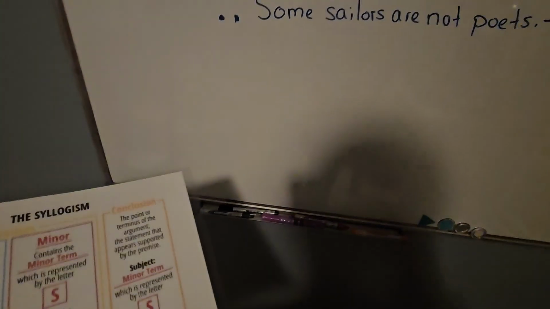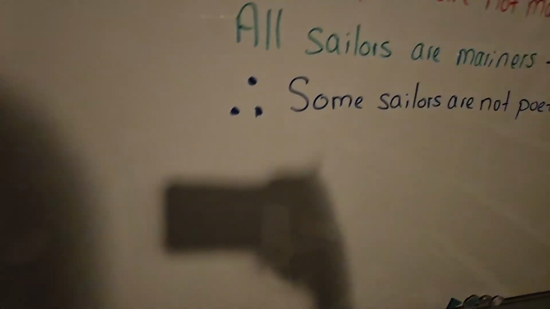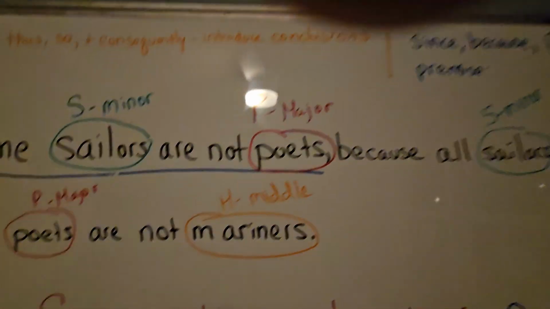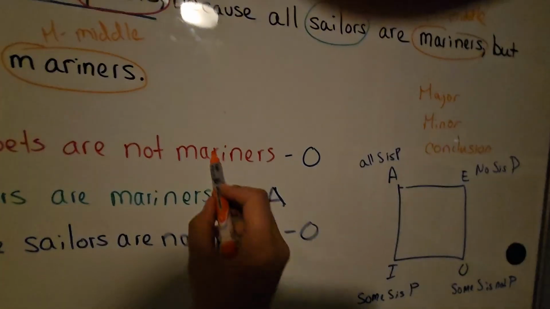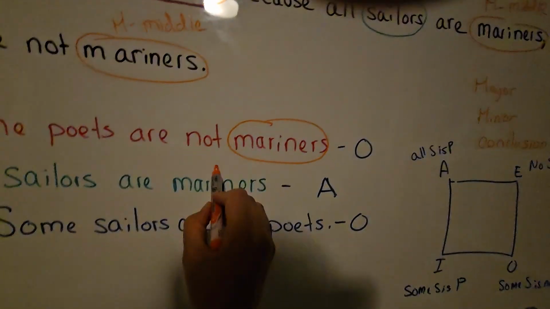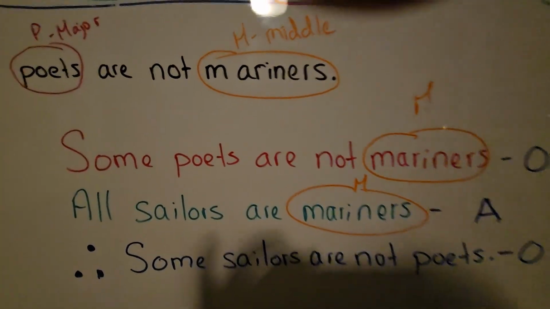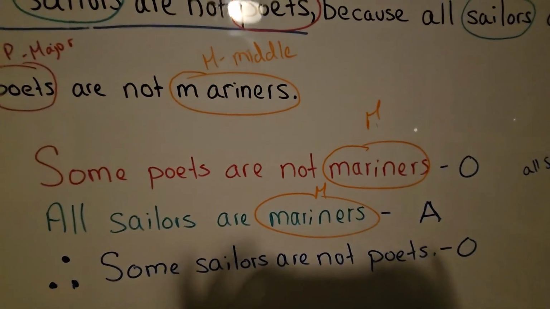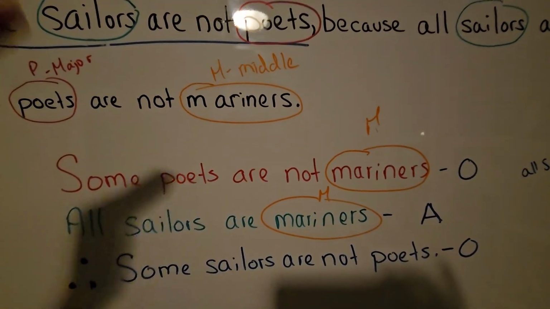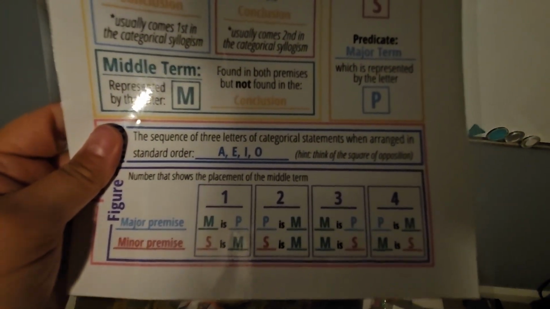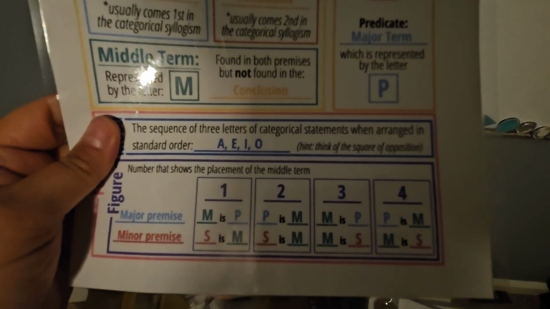So let's look and see where we said what our middle term was up here. We said that the middle term was mariners. So let's go ahead and just circle mariners so that we can see where it's at. That's our middle term. Okay. Well, in this syllogism, mariners, which is only found in the premises, is in the predicate on both. So if I look at my figure, it shows me that the figure that has it in the predicate for both is figure 2.